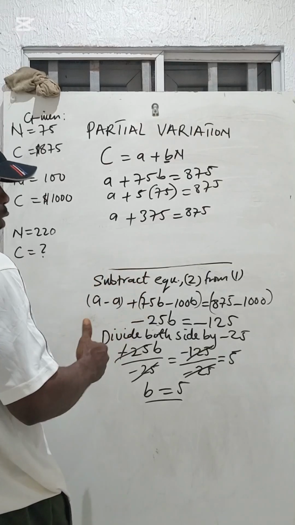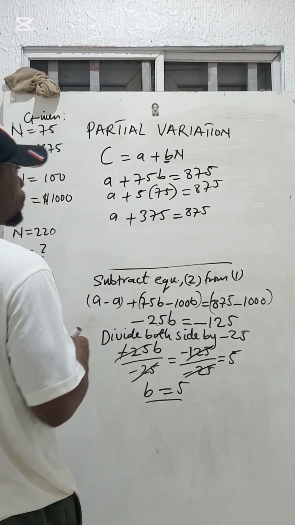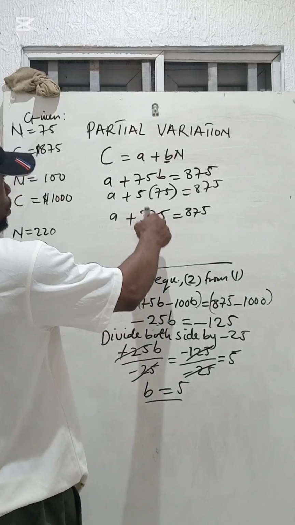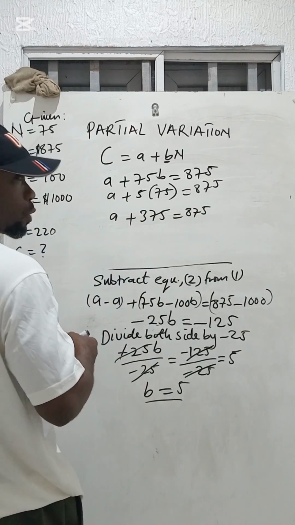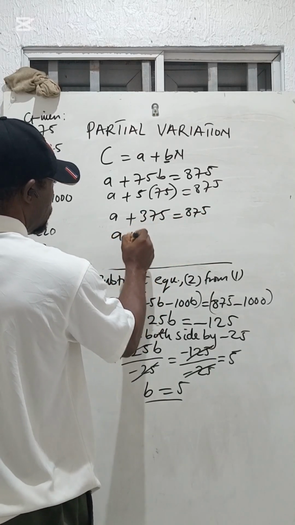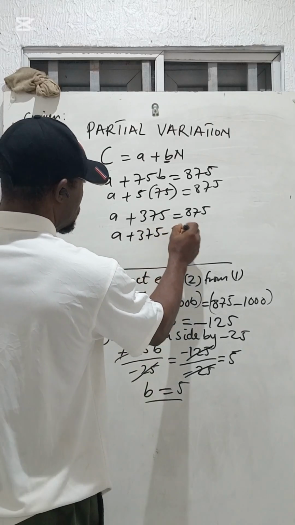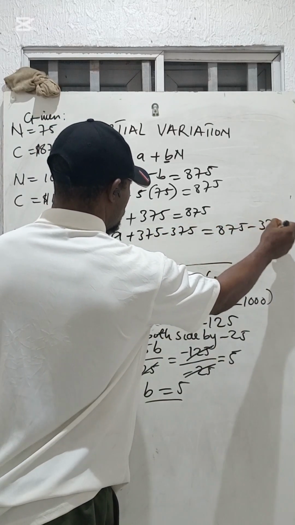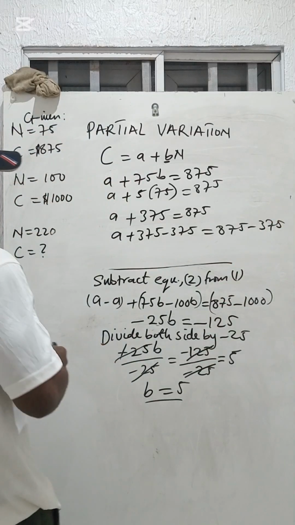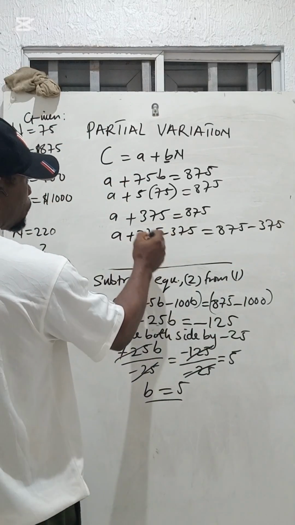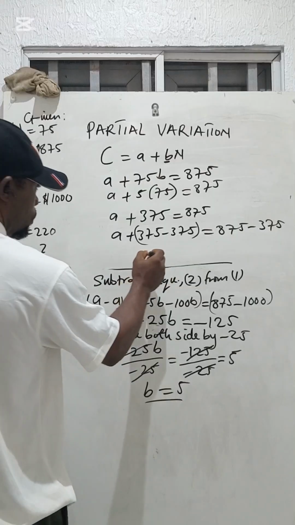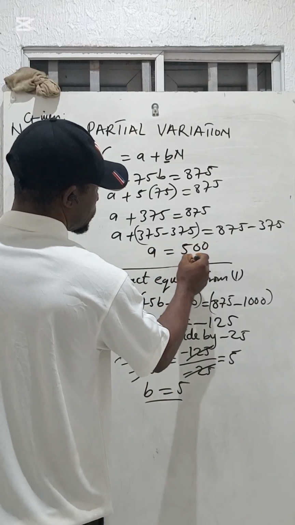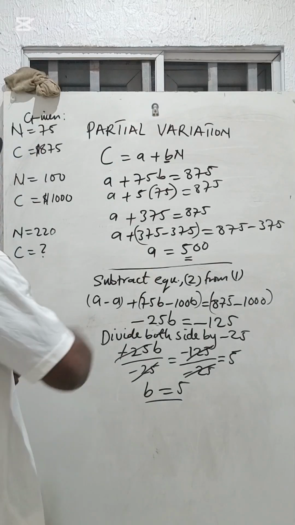So to eliminate 375, I will subtract 375 from both sides. This becomes A plus 375 minus 375 is equal to 875 minus 375. So this value is equal to 0. Therefore, A is equal to 500. So the value of A is 500.